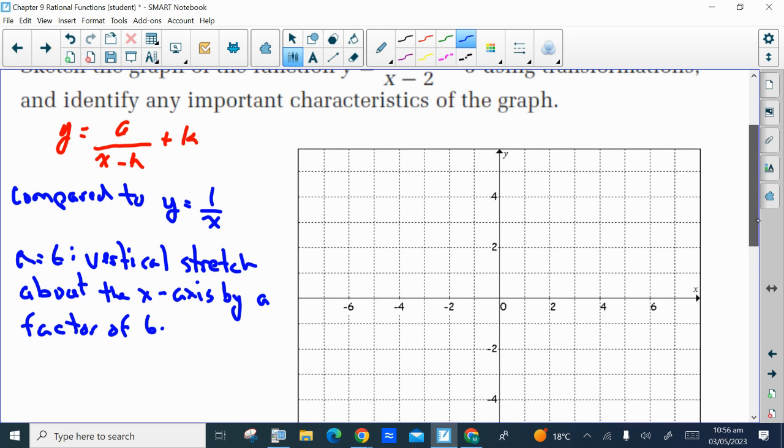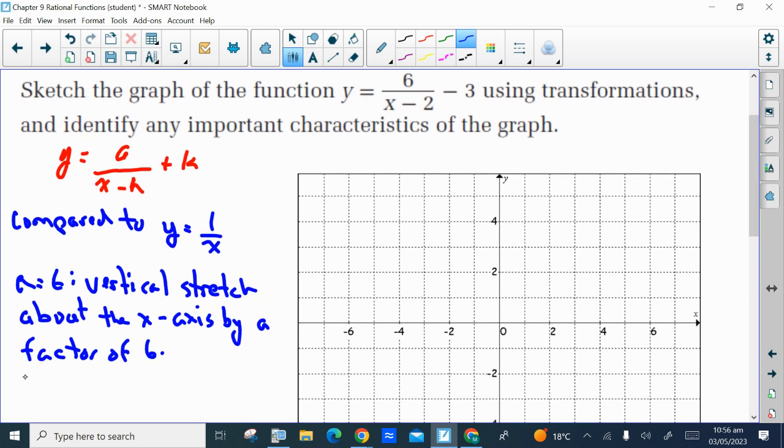We have a horizontal shift because h is positive 2.